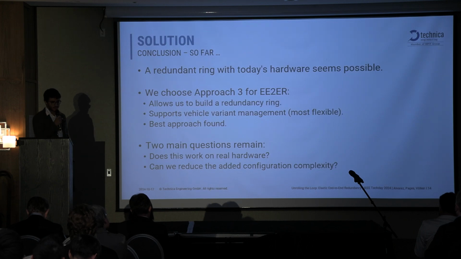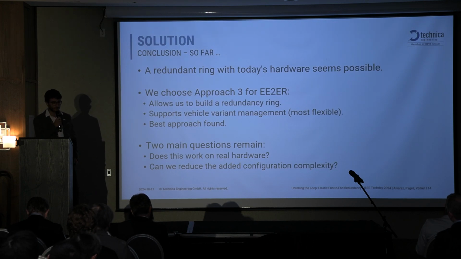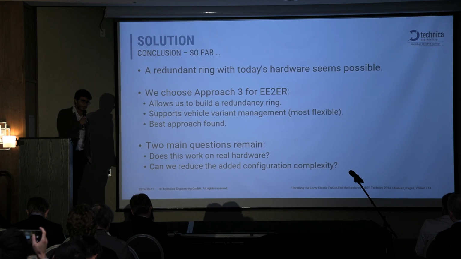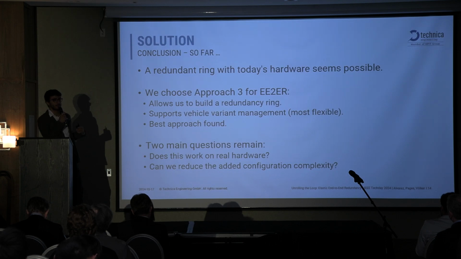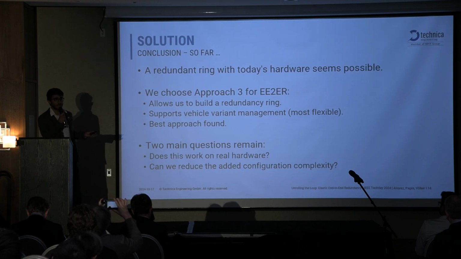So after taking a look at all of these technical solutions, what is the conclusion that we can make so far? The first conclusion is that a redundant ring with today's hardware seems to be possible. We have seen that all the configuration requirements, all the features that we are using, are pretty much achievable by any kind of switch that is TC11 compliant.